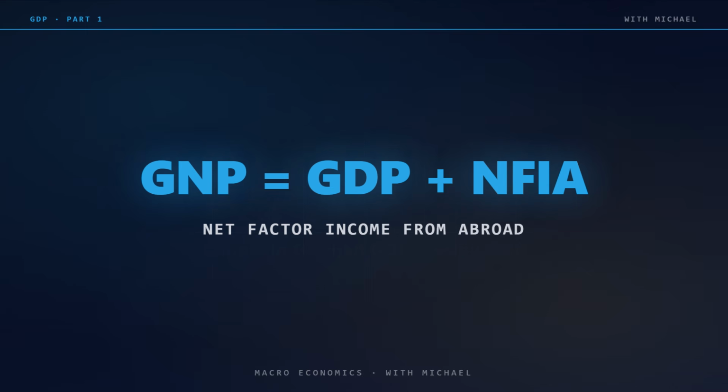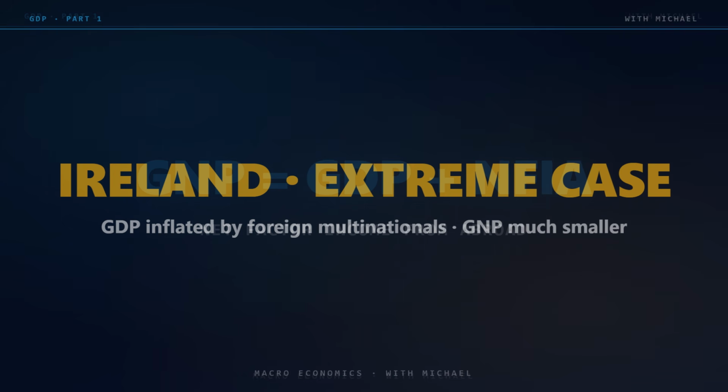For most countries, this difference is small, a few percent of GDP. For countries with significant foreign investment one way or the other, it can be substantial. Ireland is an extreme example. Its GDP is heavily inflated by foreign multinationals based there for tax purposes, while GNP reflects the much smaller actual income of Irish residents.